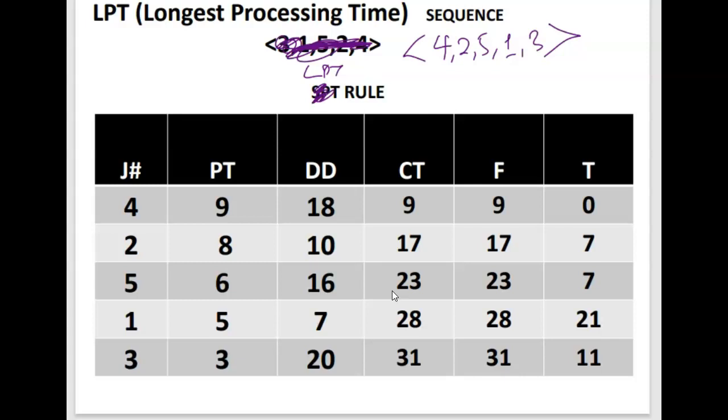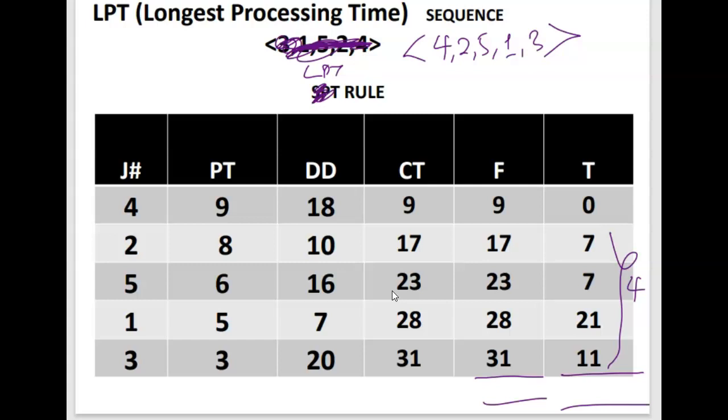The same thing we have been doing. You can look at how many jobs are tardy. We have 4 delayed jobs. The total tardiness, add 7 plus 7 plus 21 plus 11. Total flow time, add everything together, divided by the number of jobs, which is 5.